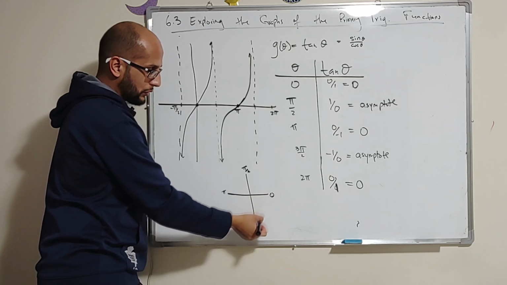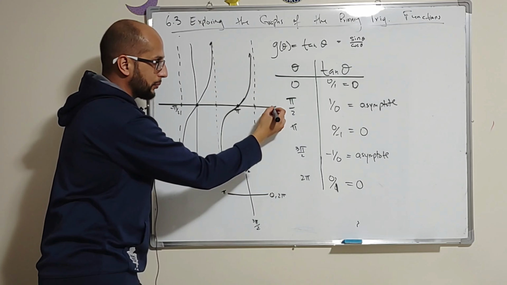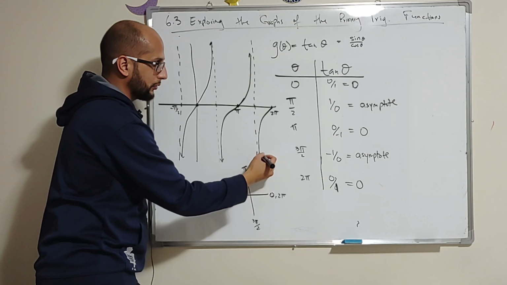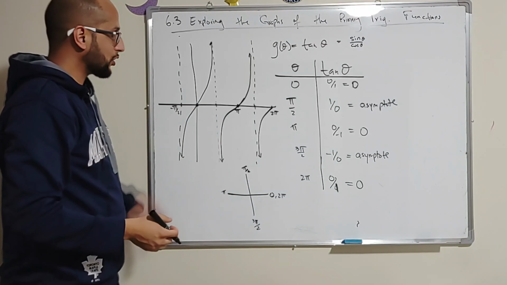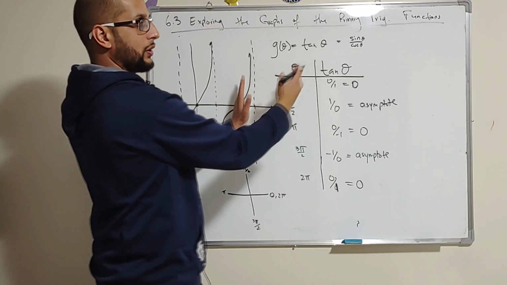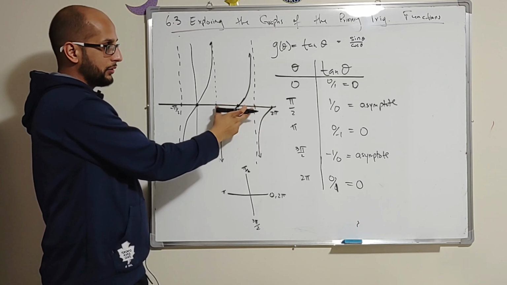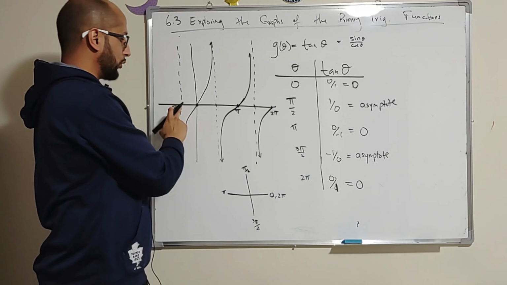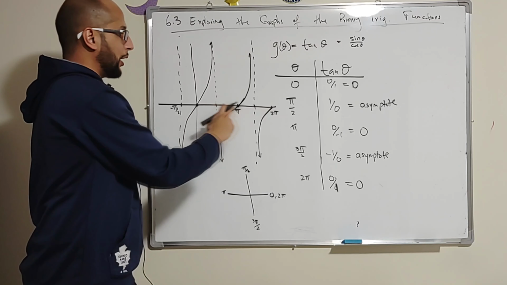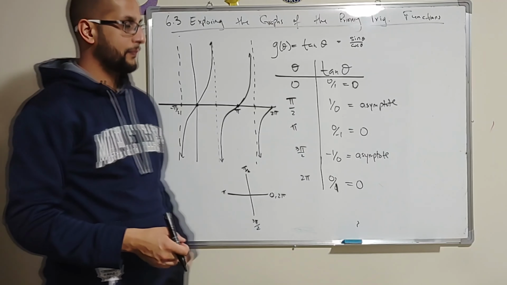And quadrant 4 is from 3 pi over 2 till 2 pi. That's negative again, so it will go down. So the tan function is just this function here, over and over again, with a period of pi, right? Because it goes from negative pi over 2 to pi over 2, from pi over 2 to 3 pi over 2, a period of pi, and that's how the function would look.